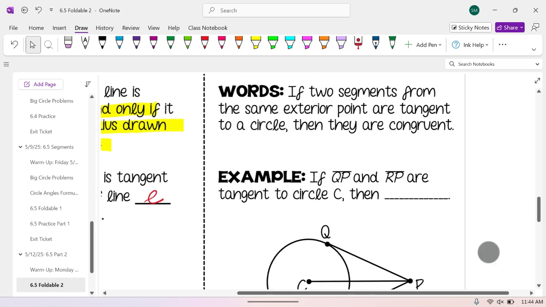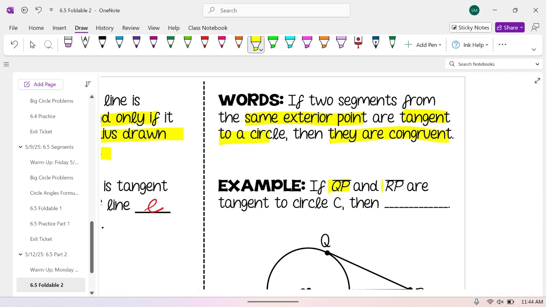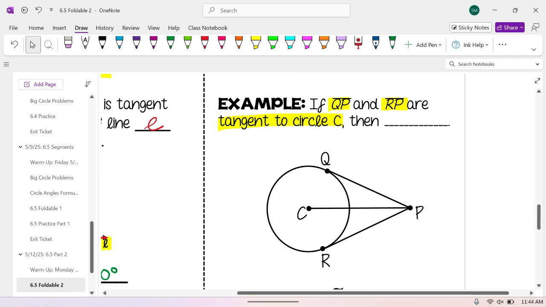Now, for the other one, if two segments from the same exterior point are tangent to a circle, then they are congruent. So if QP and RP are tangent to the circle C, so lines QP, right here, and RP are tangent to circle C, then what's true about those two segments?